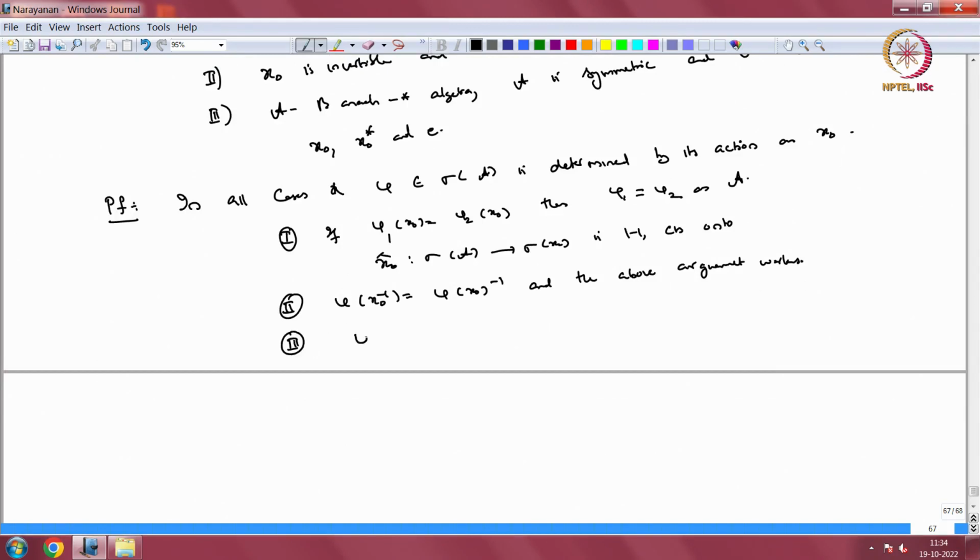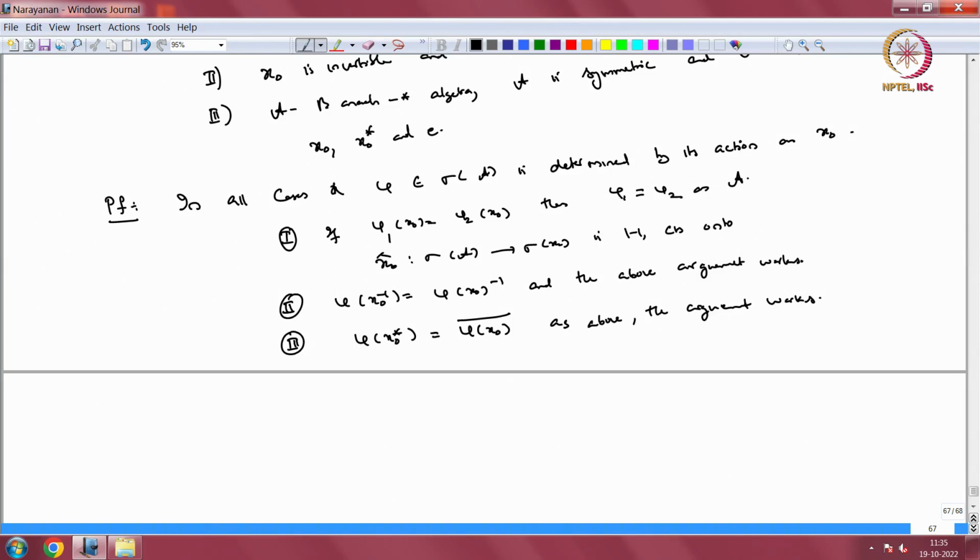Because of symmetry, this is a symmetric algebra. So, phi of x naught star is going to be equal to phi of x naught bar. Star goes to complex conjugation on the other side, that is your symmetric algebra. So, again as above the argument works, because x naught and x naught star along with the identity will generate your algebra.